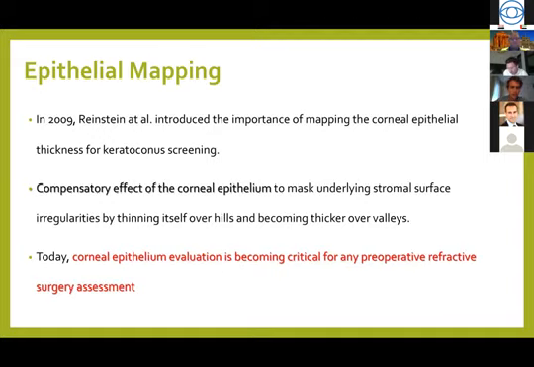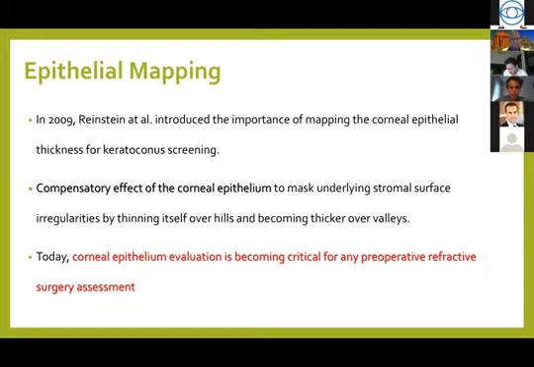So basically you can have a normal anterior surface, a normal anterior keratometry, but actually have an underlying problem. If you are not taking into account the epithelial thickness map, you might consider normal a cornea that actually is abnormal and pathological.